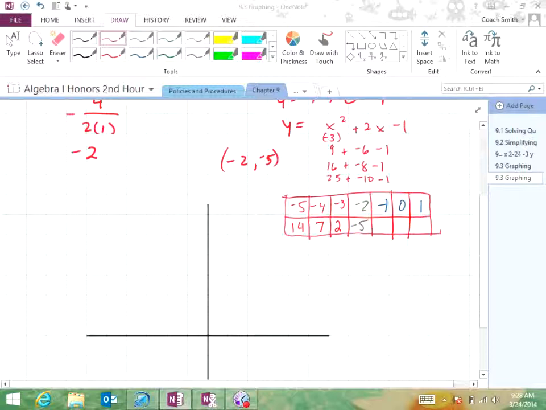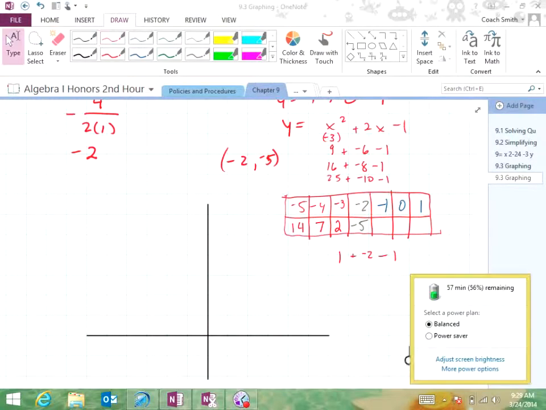Okay, now you do the other side, and that gives you what on the first one? Negative 4. So that would be 1. No, because that's a positive 1 plus negative 2 minus 1.